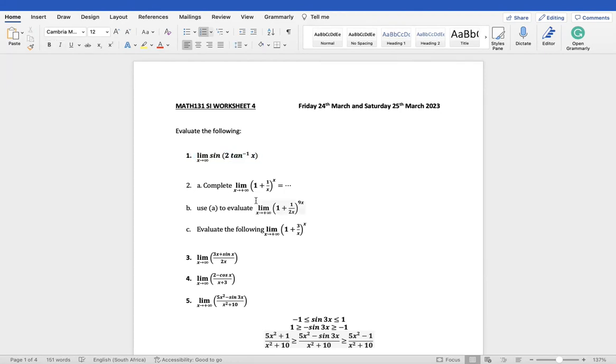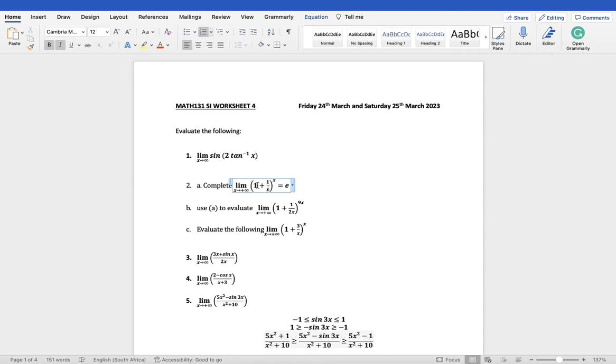And for question 2 here, you know this identity. The limit as x tends to positive infinity of (1 plus 1 over x) to the x is just equal to e. Yes, right? So you know this. Basically, what you have to do for B and C is manipulate it in such a way that you have something that looks like it. And remember, for this rule to apply, you need the limit as x tends to positive infinity.